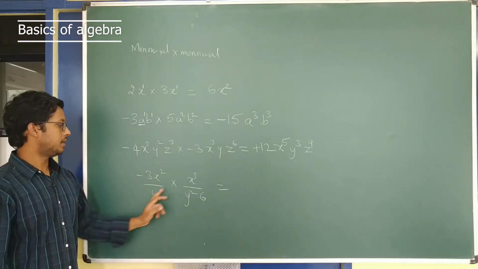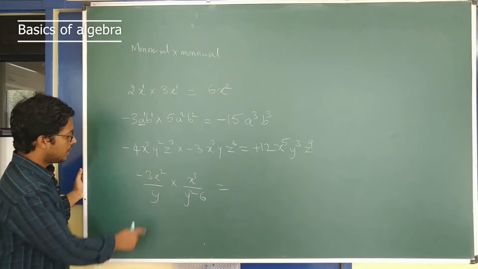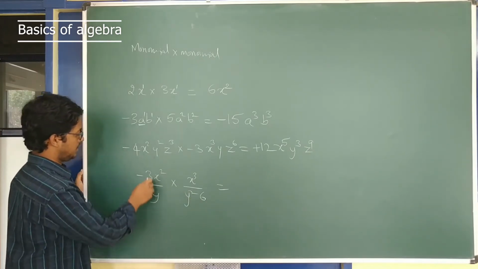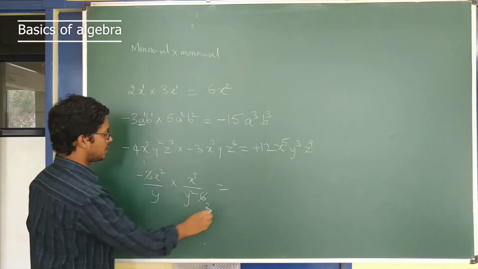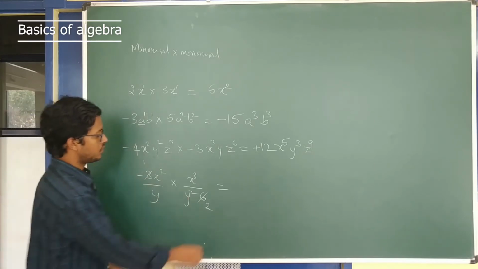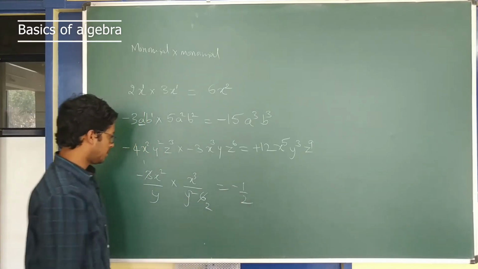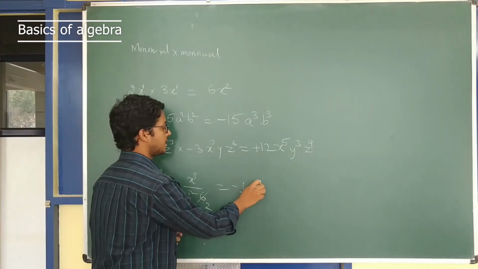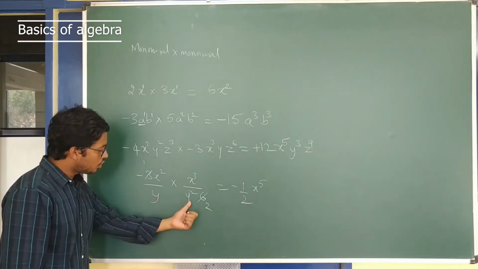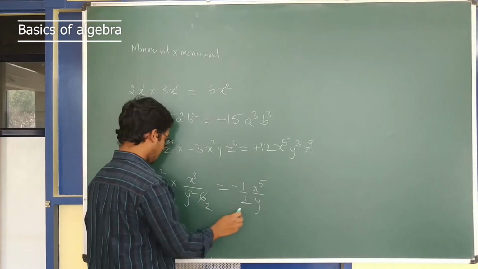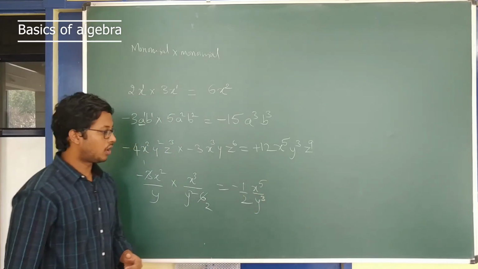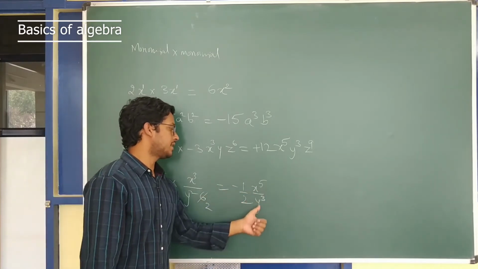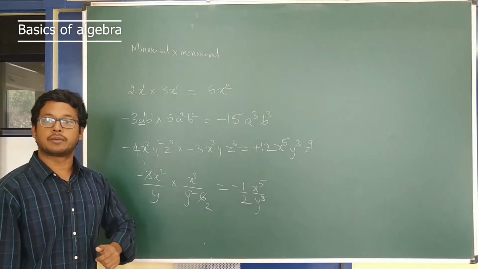How do we multiply this one? You simplify first the numerical term. This is 1s are 2s are, so it is minus 1 by plus 2, which will be minus 1 by 2. x square into x cube would now become x raised to 5, and y into y square will now become y raised to 3. So all in all, it is minus 1 by 2 x raised to 5 divided by y cube.